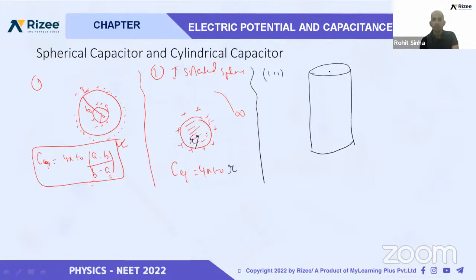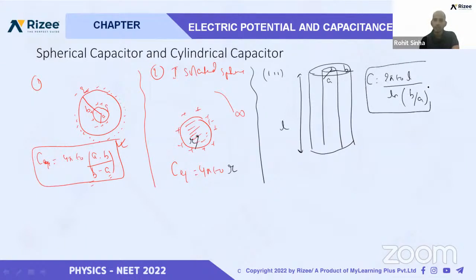If we have a cylindrical capacitor such that its length is L, inner radius is A and outer radius is B, then its capacitance is given as 2 pi epsilon naught L by ln B by A. Any problem to anyone?